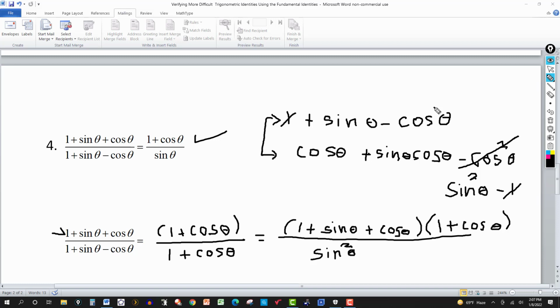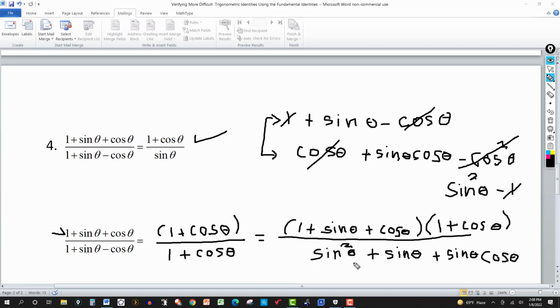And again, this minus cosine theta here and the cosine theta here, those will cancel. Then I have a plus sine theta from there, and then I have left what? The only term I have left is sine theta plus sine theta cosine theta.